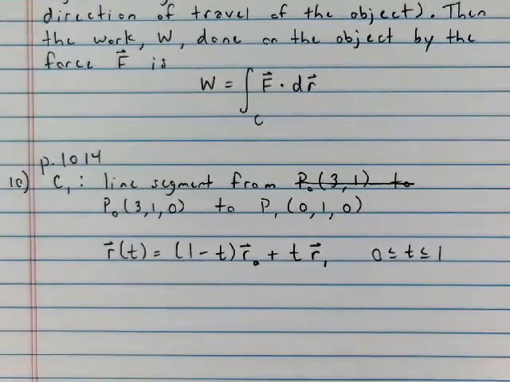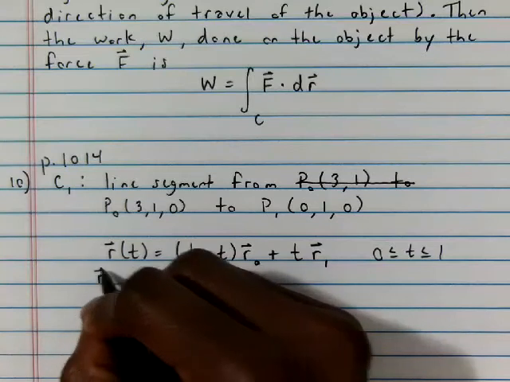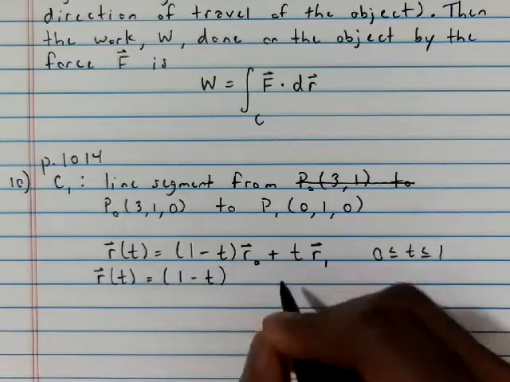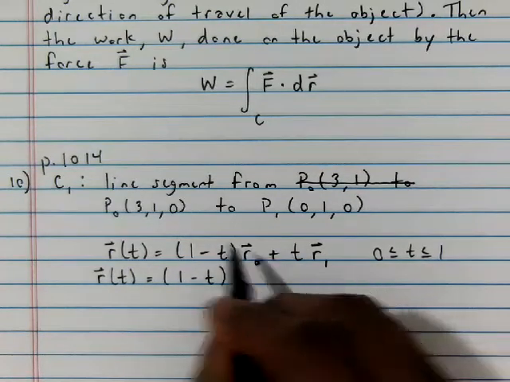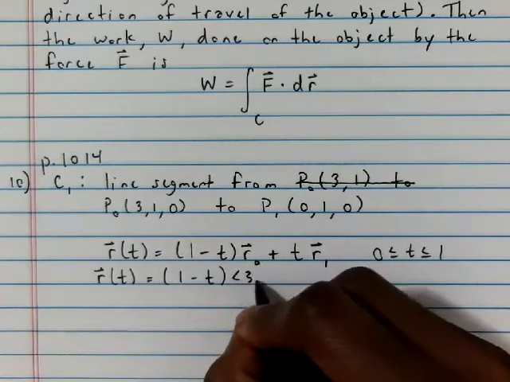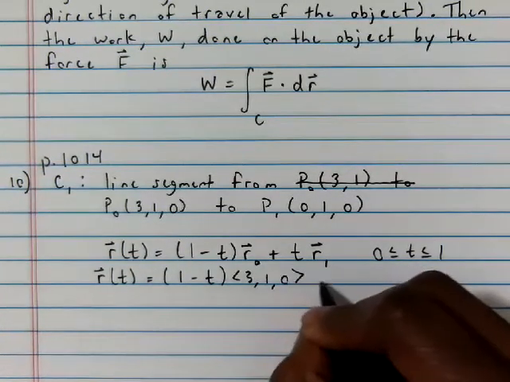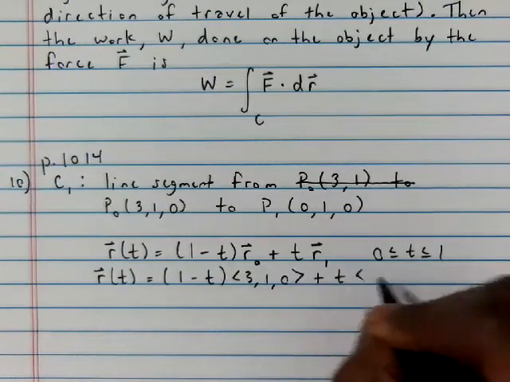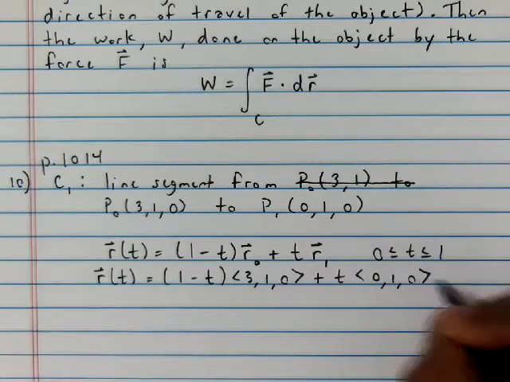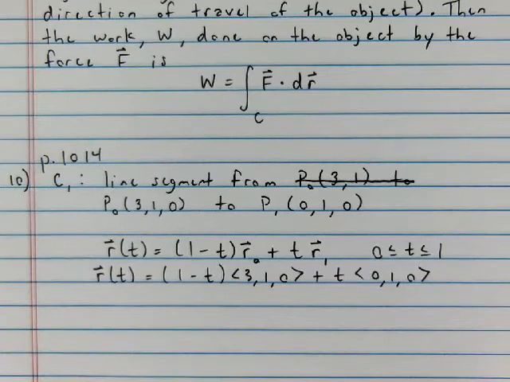So for us, r of t equals 1 minus t times the starting point P naught, 3, 1, 0, plus t times the ending point, 0, 1, 0. Then from that we can pull out our parametric equations.